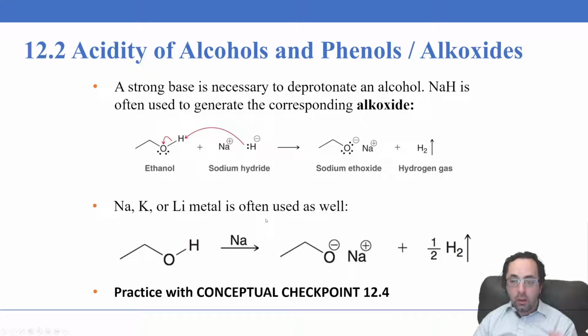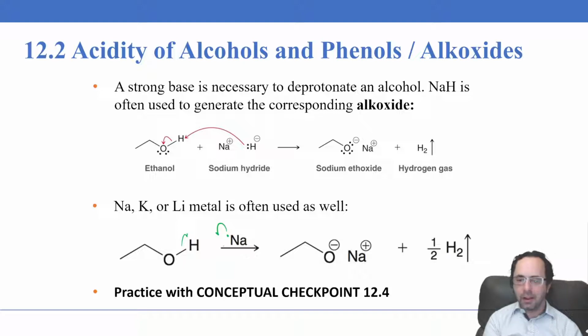We can also use metals to deprotonate this, and we get an ionic compound. Sodium, potassium, lithium, they really want to give away their electron and become a positive ion. And when they do, you'll get two hydrogen atoms which will come together to make hydrogen gas. It's almost like a radical reaction, really. You've got this one electron, but you're not really making a bond. It's just giving away that electron. And this hydrogen takes one electron with it.